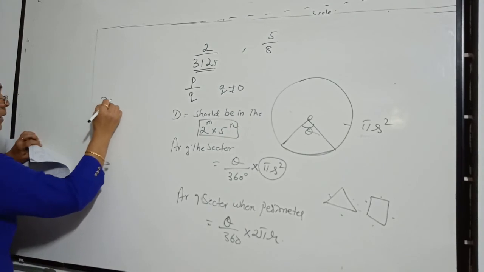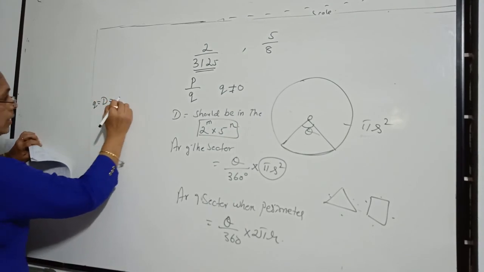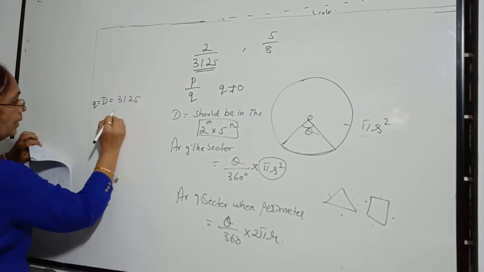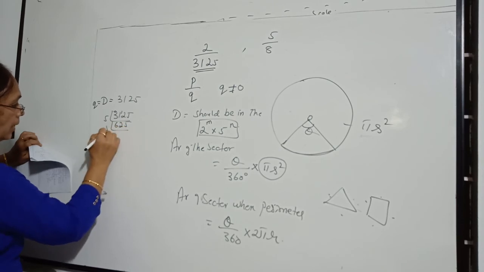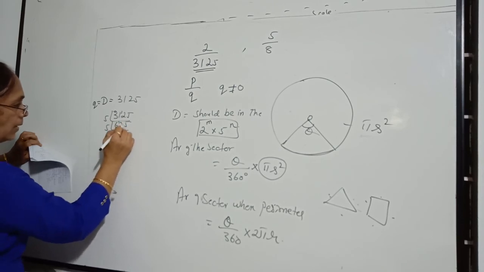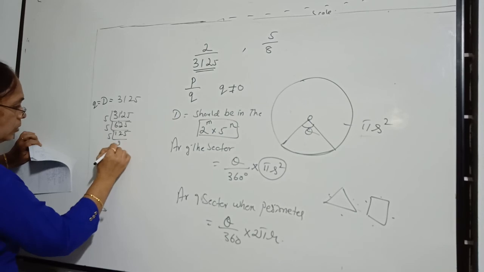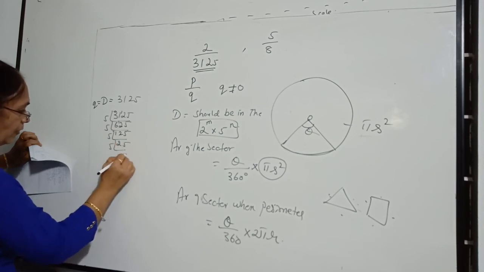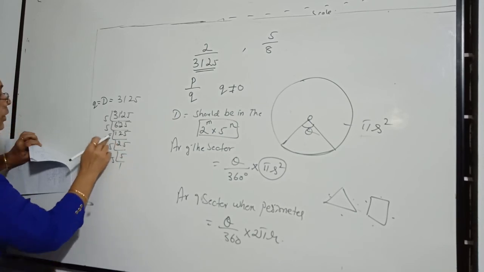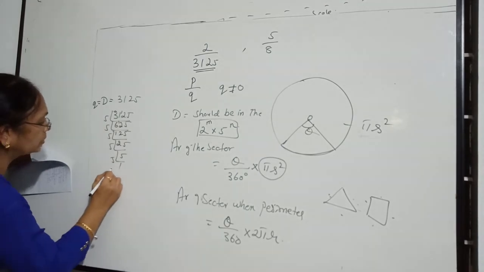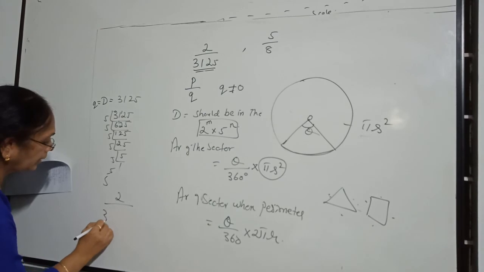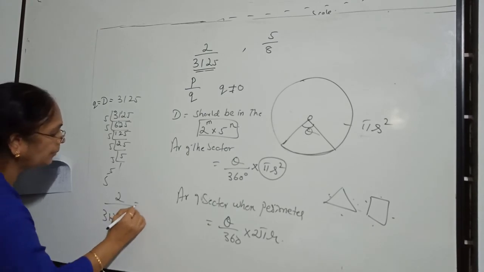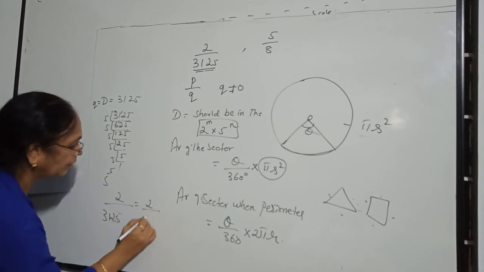The denominator, that is q, is equal to 3125. Find the factors: 5 times 5 times 5 times 5 times 5. This is 5 raised to 5. This number 2 by 3125 can be written as 2 by 5 raised to 5.